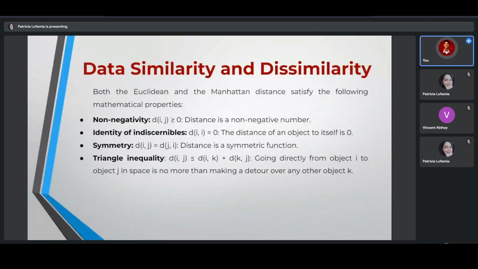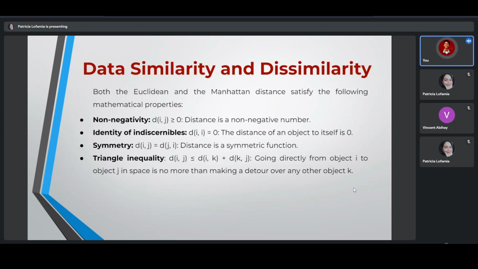Both the Euclidean and Manhattan distance satisfy the following mathematical properties. First is non-negativity. The dissimilarity d(i,j) is greater than or equal to 0. Distance is a non-negative number. Second, identity of indiscernibles. Distance d(i,i) is equal to 0. The distance of an object to itself is 0. Symmetry.